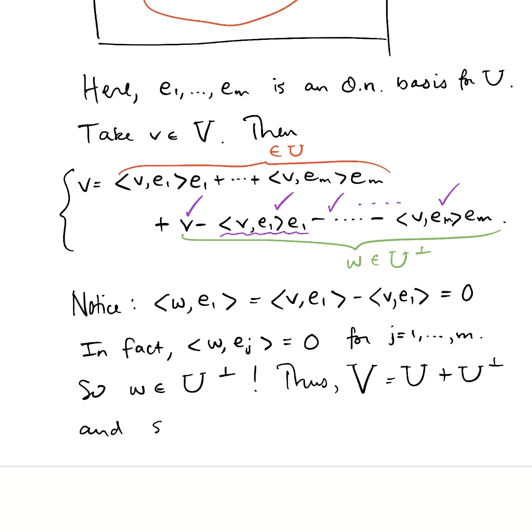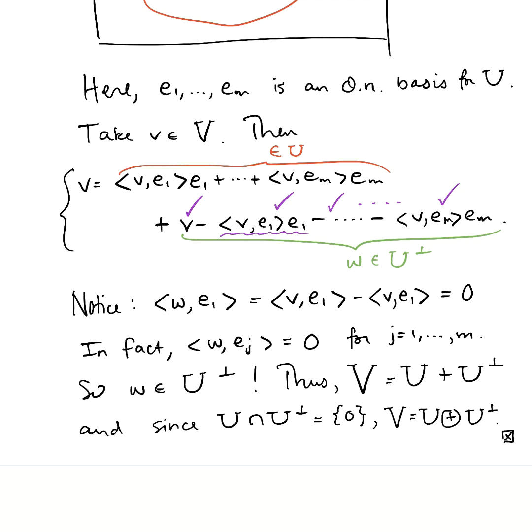And since the intersection of U and U perp is already known to us to just be 0. Remember, 0 is the only thing that's orthogonal to itself. I think all of this goes to show that the direct sum of U and U perp is the whole space.